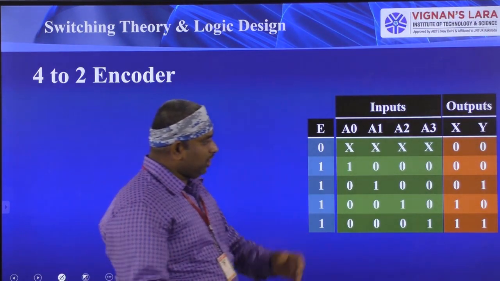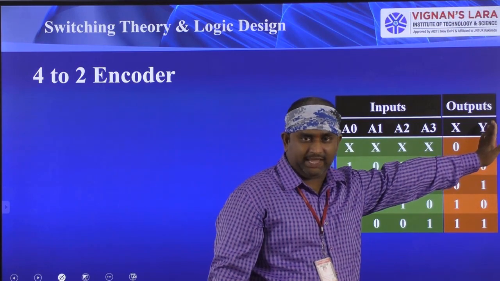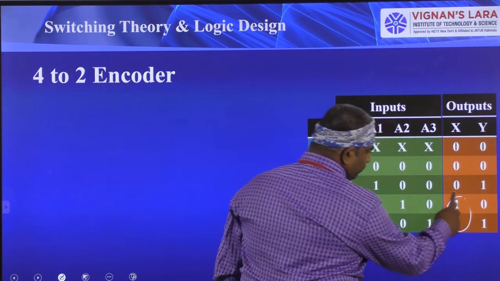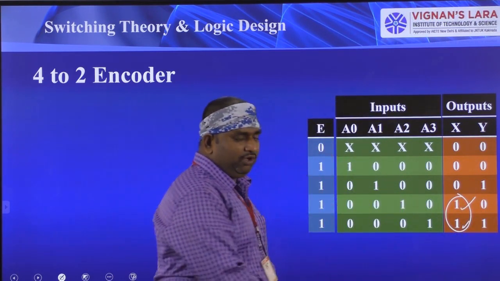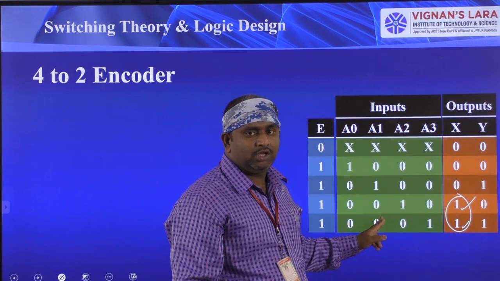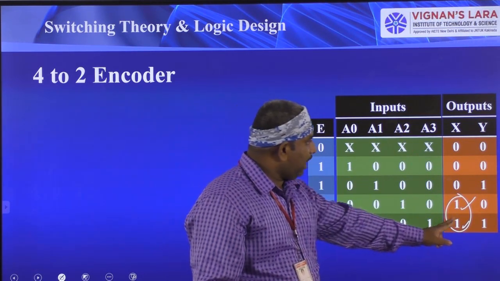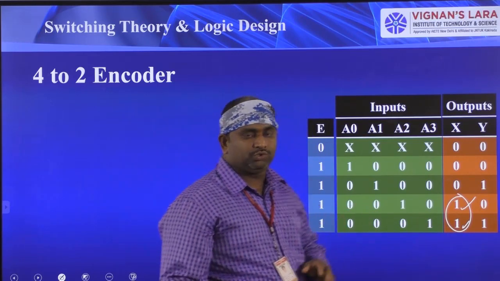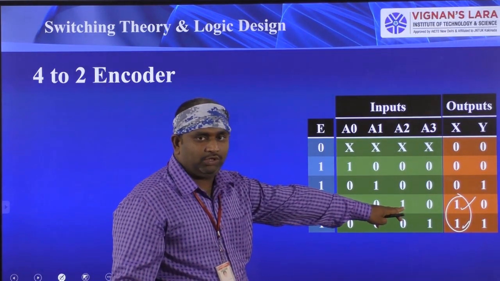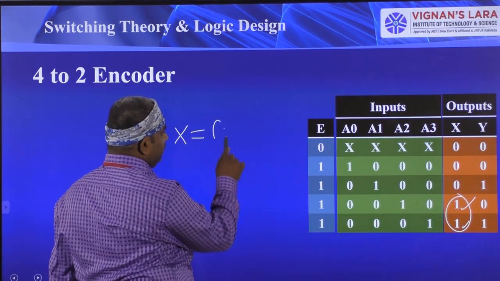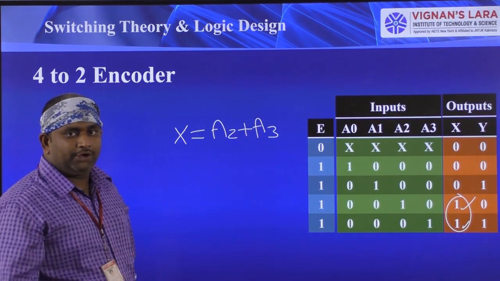So see here, for this table, what is my condition? You have to take the outputs. Here I have 2 outputs, X and Y. When X is equal to 1, see here, in these 2 conditions I have X is equal to 1. So if X is equal to 1, then what about the inputs? Here A2 is switched on in one combination, and in the other combination A3 is switched on. So X is equal to A2 plus A3.